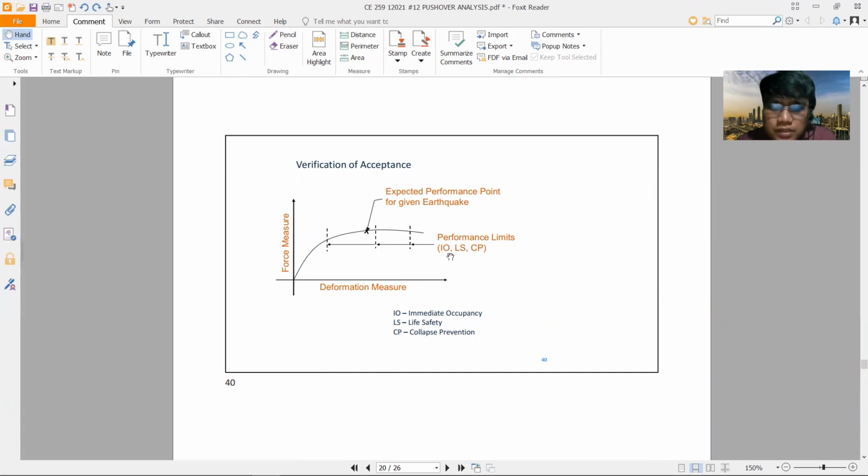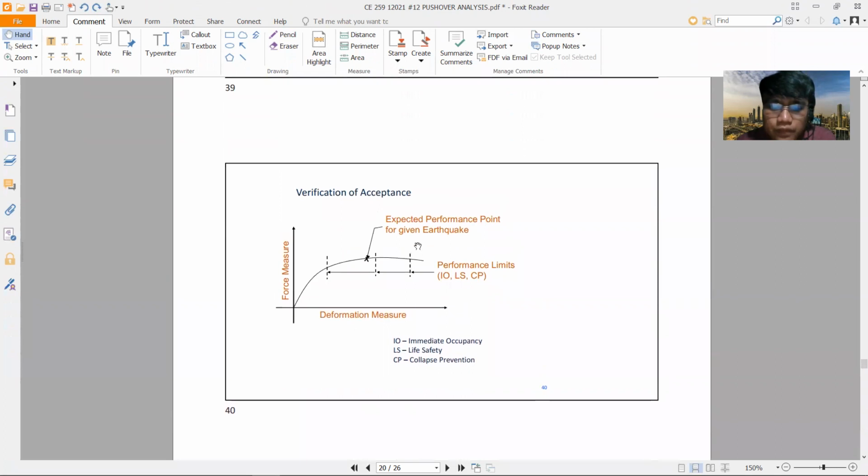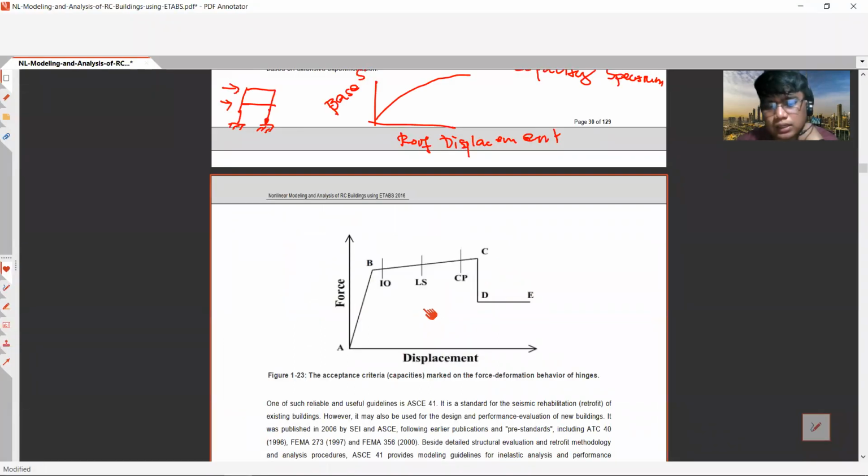Ito yung immediate occupancy, life safety, and the collapse prevention. Okay, so yan yung verification of acceptance. So basically the same lang sila halos. The same lang sila halos nung dito. Okay, hindi lang na-discuss dito how to solve for the demand spectrum.